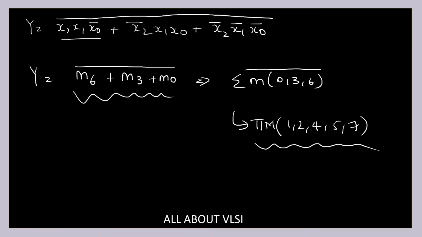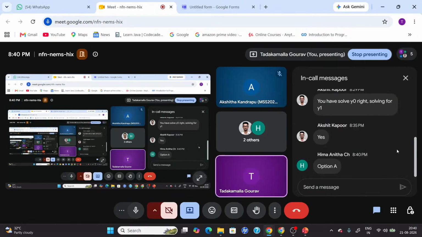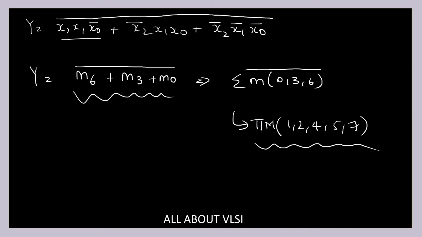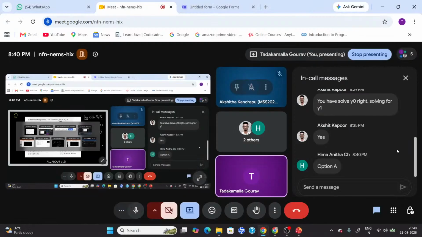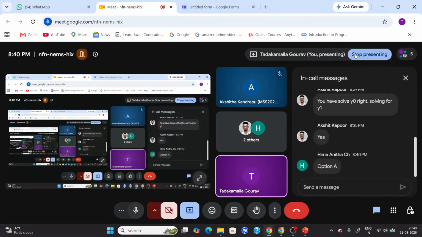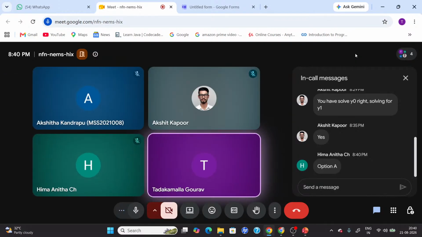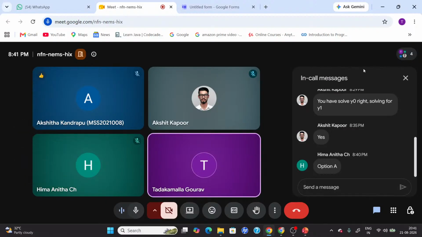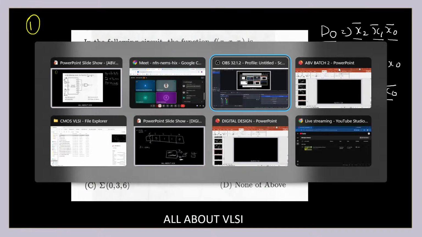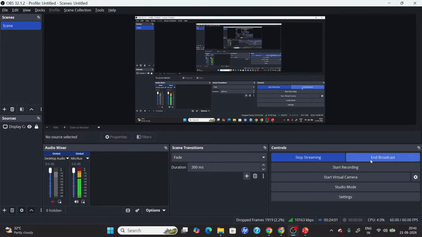Is it clear, guys? Are others also getting option A? Please look into it. Okay, great. We'll discuss the other questions in our next session. So that's about this particular session.